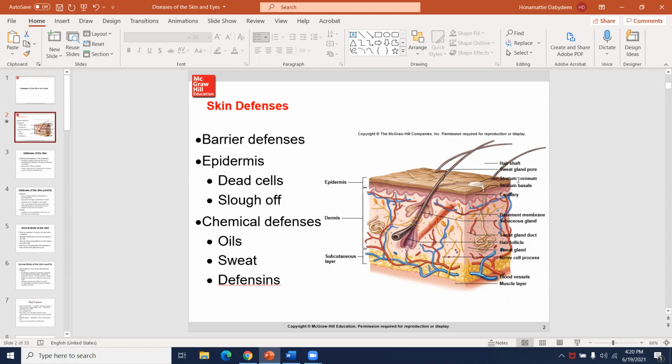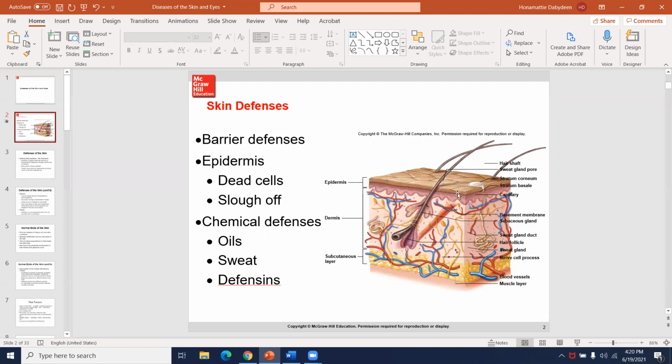And even though they open out on the skin surface, they started out lower, in the dermis layer. All right, so that's our anatomy, the anatomy of the skin itself.